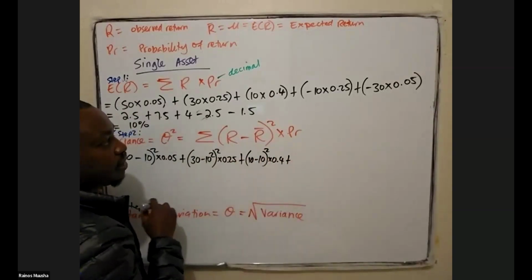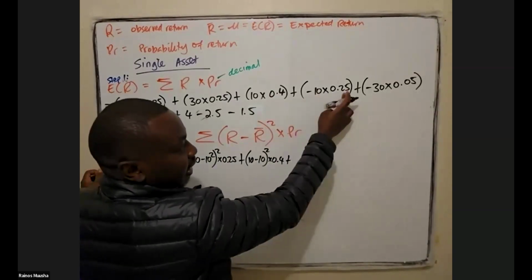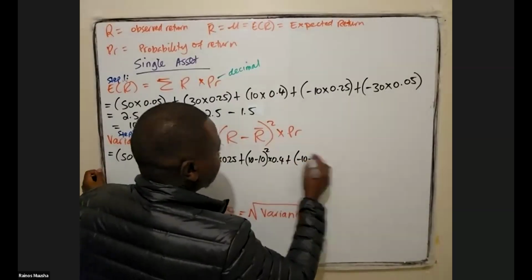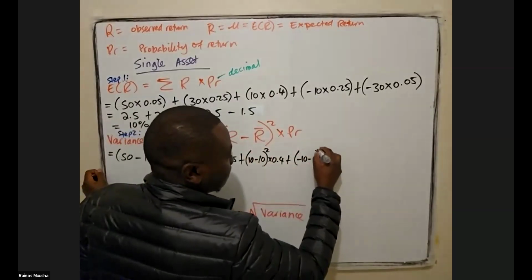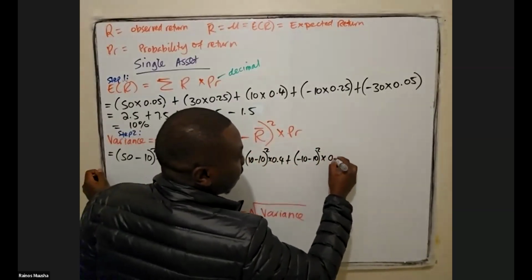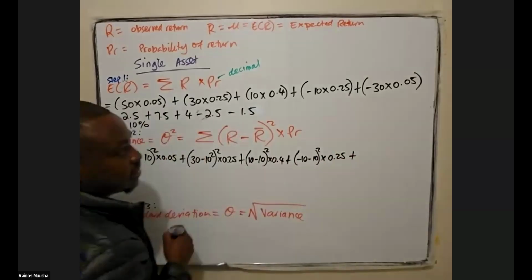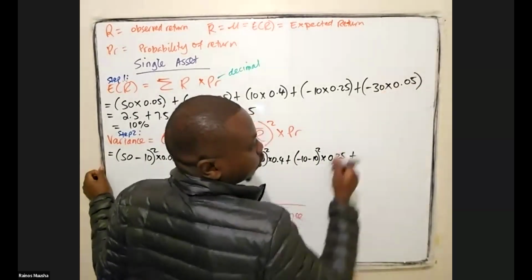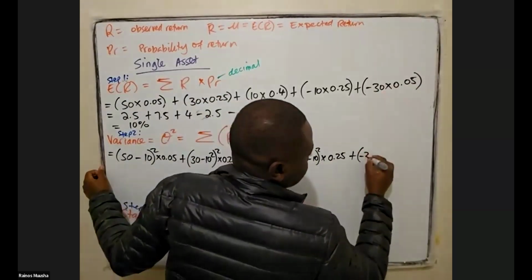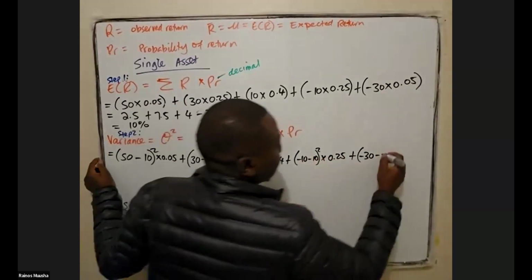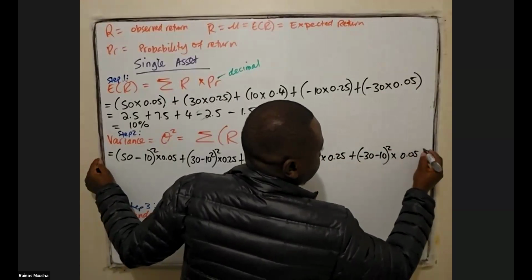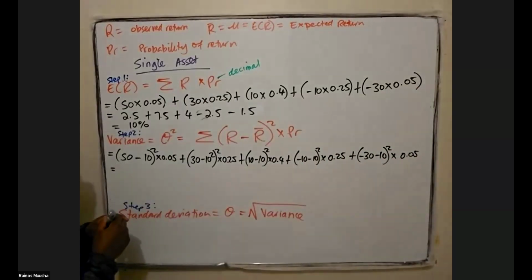The next observed return was minus 10 with a probability of 0.25. So it's minus 10 minus expected return of 10 squared multiplied by 0.25, plus. The next observed return was minus 30% and the probability was 0.05. So it's minus 30 minus expected return of 10 squared multiplied by 0.05. And this is how we're going to calculate the variance.